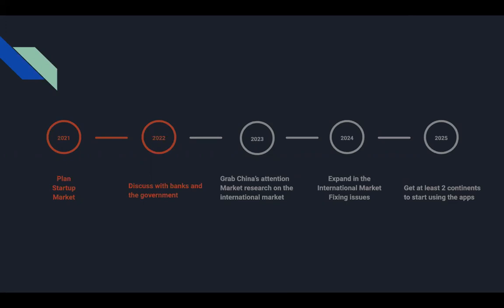By 2024, we're hoping that we can expand to the international market and fix the issues we had in China, since the international market may work differently from the Chinese market. And by 2025, we plan to reach at least 2 continents.